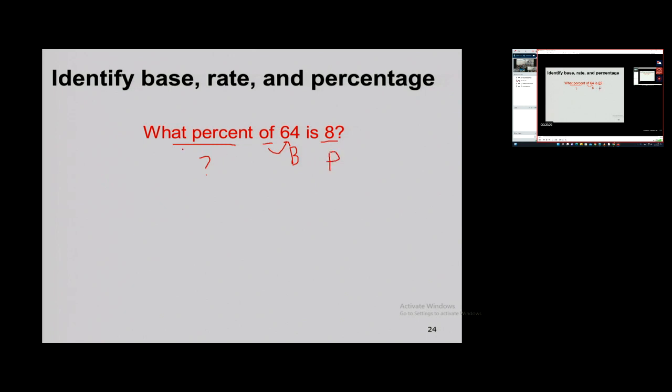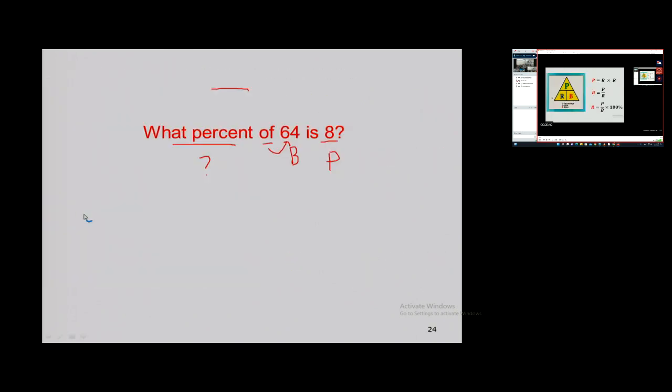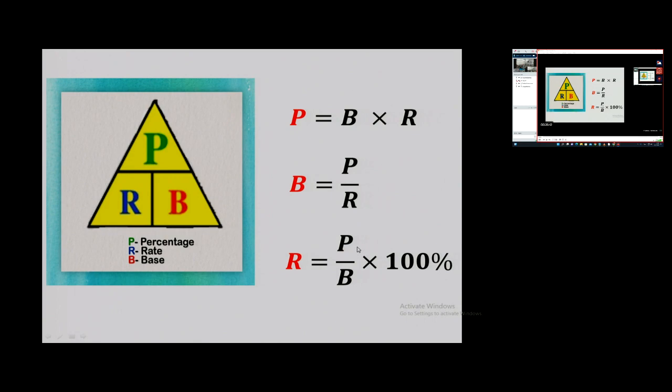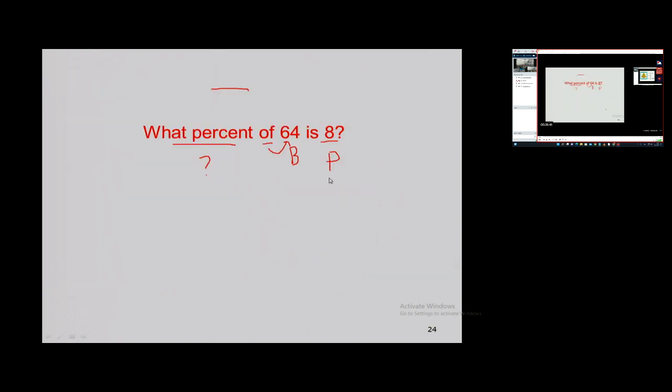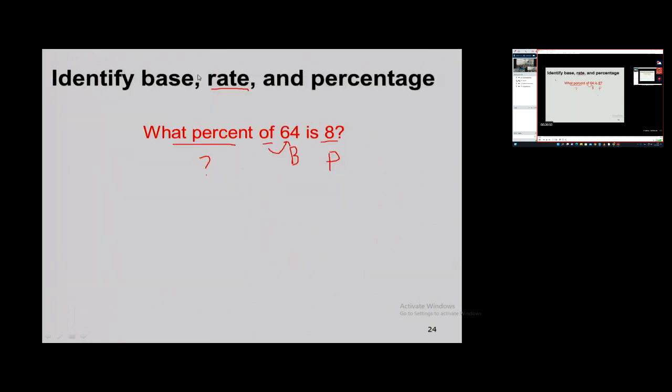So the missing value here is the rate. And what is the formula to solve for the rate? Rate is equal to P over B times 100%. So again, the reason why we need the formula and we need to identify the base, rate, and percentage is for us to solve the unknown value.